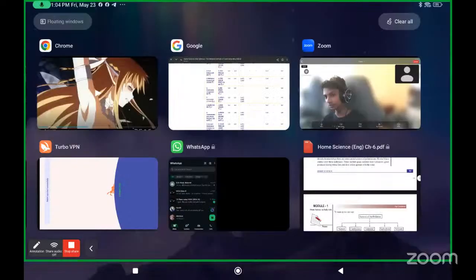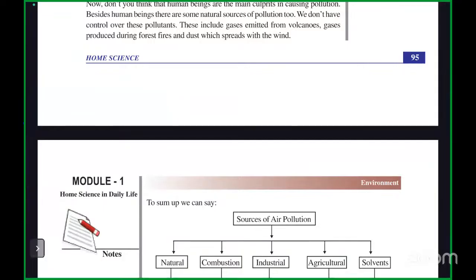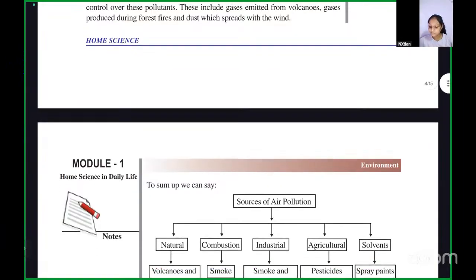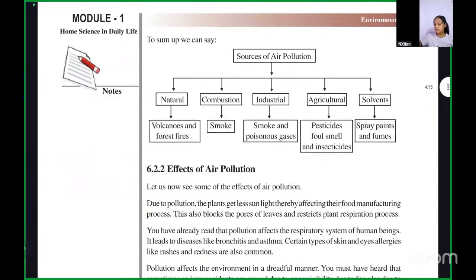Okay. We were doing the environment chapter. Let me just open it. Now, we did the sources of air pollution.